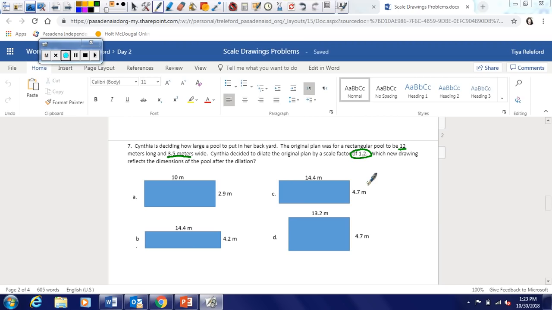You are multiplying. Scale factor means multiply. So multiply 12 times 1.2 and 3.5 times 1.2. Both answers have to be on your rectangle.